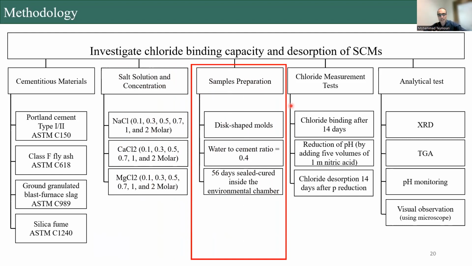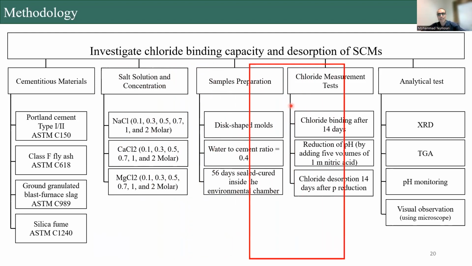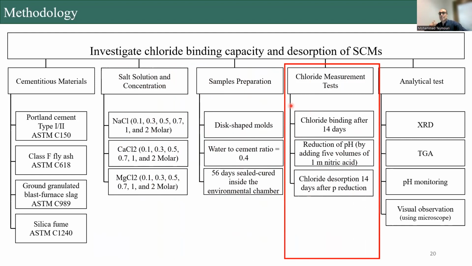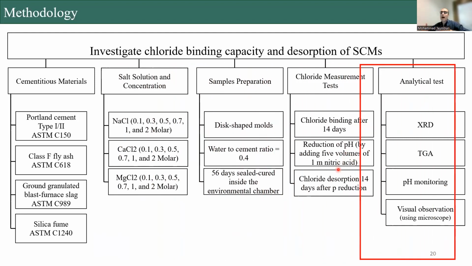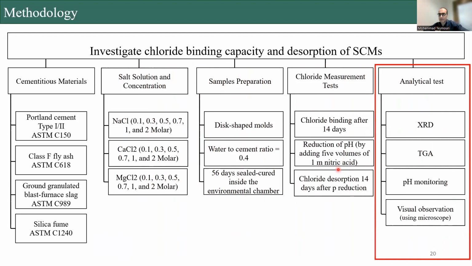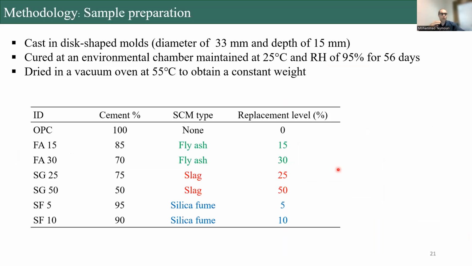We wanted to make sure that all of them have developed their structures, and then we measured the chloride inside the sample and inside the solution, then reduced the pH, and again measured the chloride ions. To back up our titration measurements, we did a lot of analytical tests like XRD, TGA, pH monitoring, and visual observation. For each supplementary cementitious material, we used 2 different replacement levels.